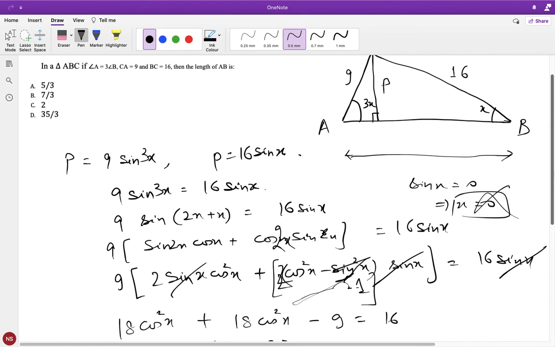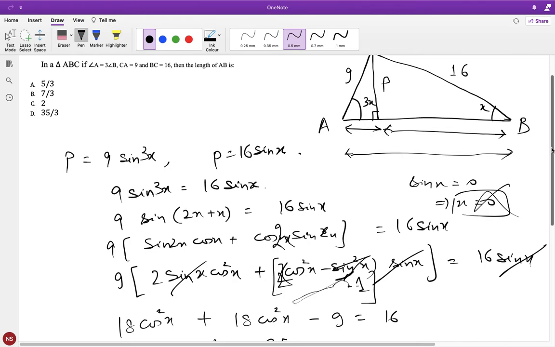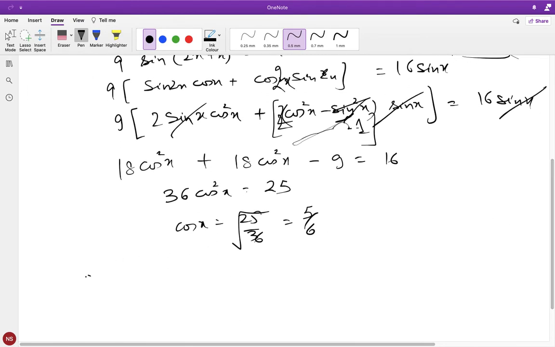Okay. So this can be used to find out the value of this length, just 16 cos x, but this will still remain because we don't know cos of 3x. I know cos of x, so can I find out cos of 3x?